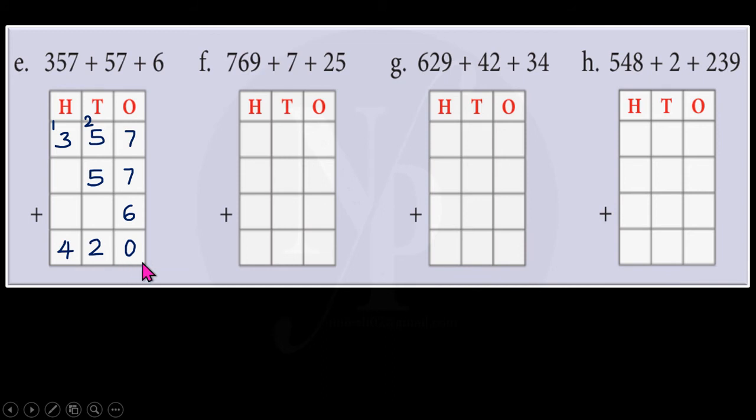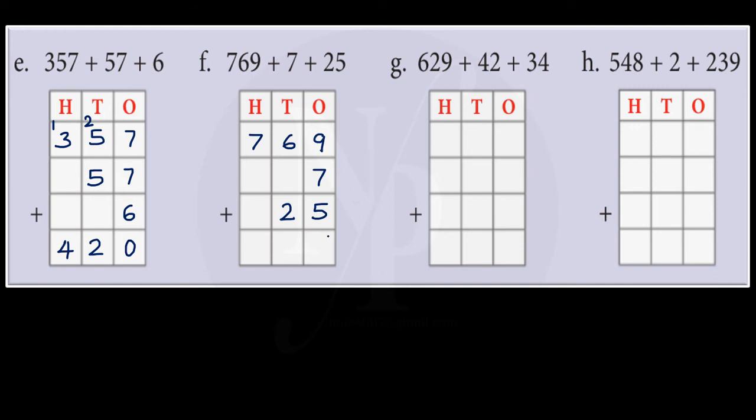Coming to the next question, F. Let us write down these numbers. The first number is 769. We will write it according to the place values. 769. The second number is a one-digit number. We will write it in ones place, 7 in the ones place. And 25 is a two-digit number. 2 is in tens place, 5 is in ones place.